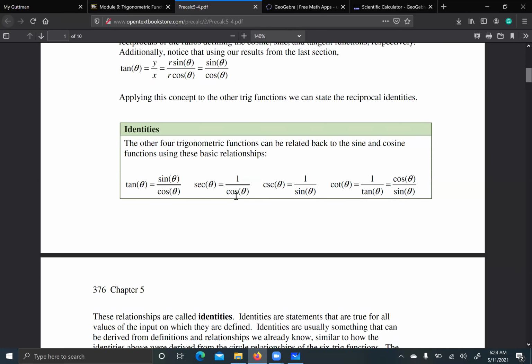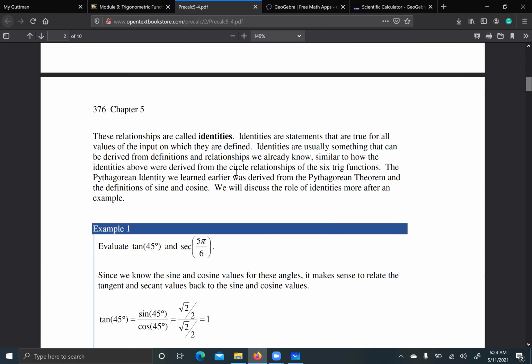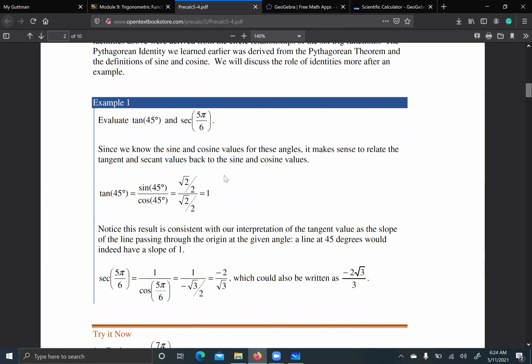For example, you want to evaluate secant of a function. Instead, calculate the cosine of that function, and then just reverse it, like flip it. Then it's going to be the value for secant. So the idea is just using these identities in the calculation. And here is the work in your textbook as well.